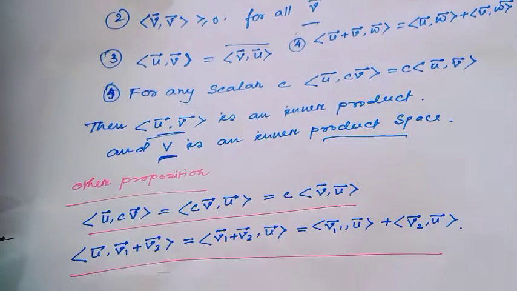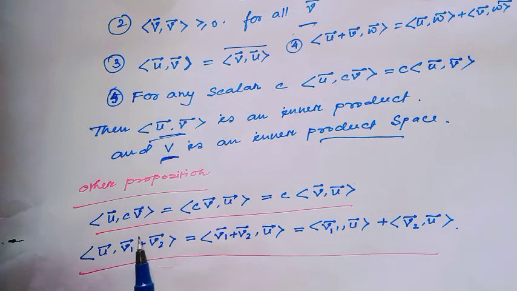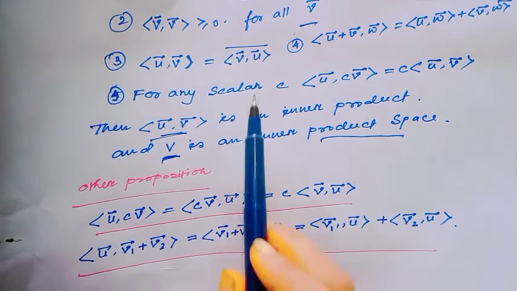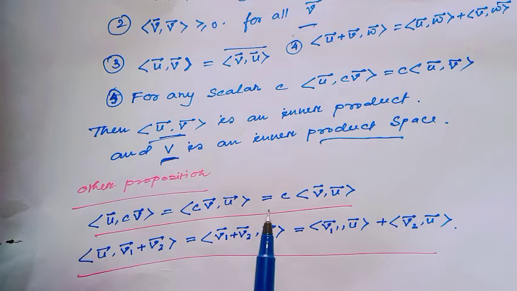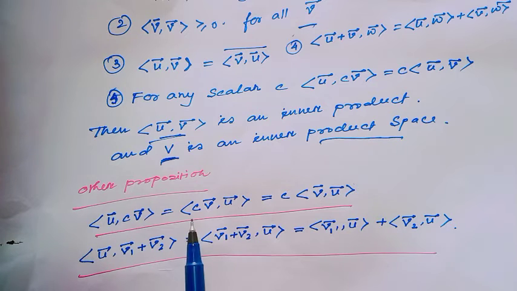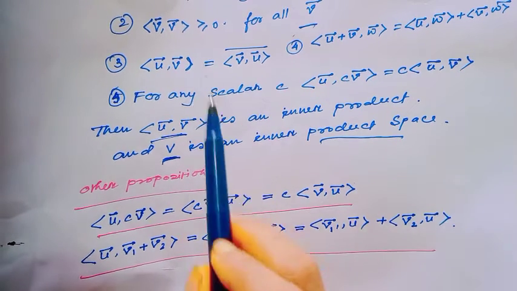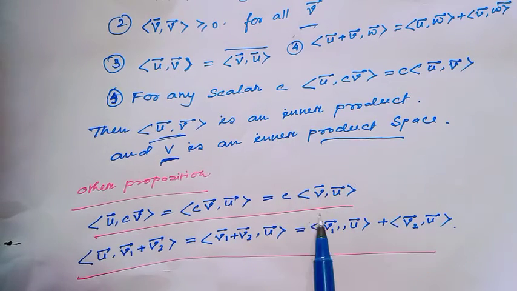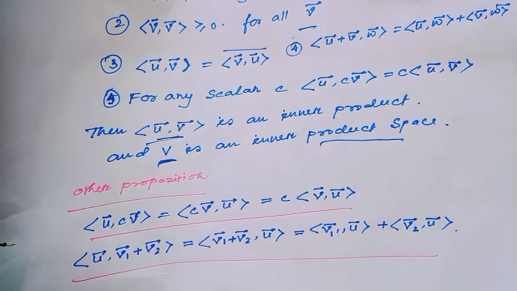There exist other properties of the inner product. Inner product of u comma cv: by the property of symmetry, we can write it as inner product of cv comma u, and then pull out this c from the inner product by the property of linearity. Then this would be c times inner product of v, u. Are you getting it?